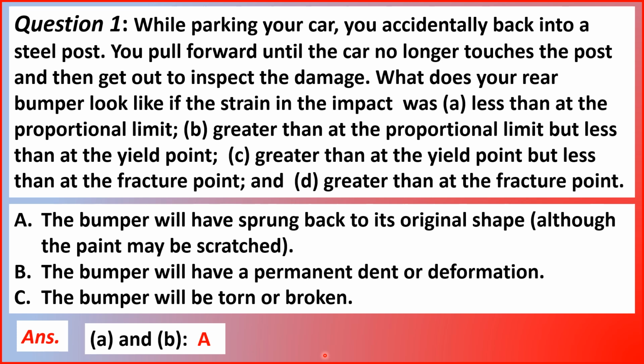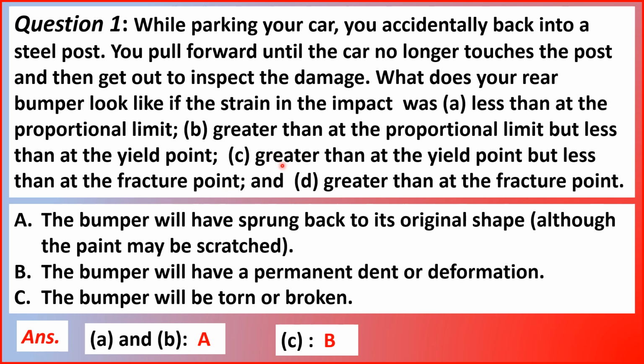Now, for situation C, the correct answer is option B. The bumper will have a permanent dent or deformation because, as described in situation C, the strain in the impact was greater than at the yield point, but less than at the fracture point.